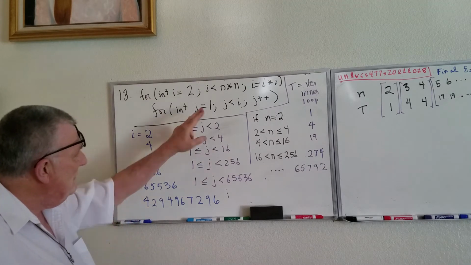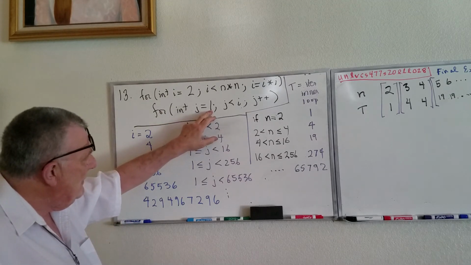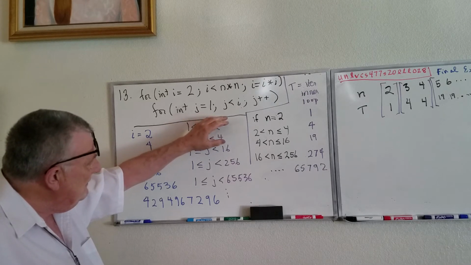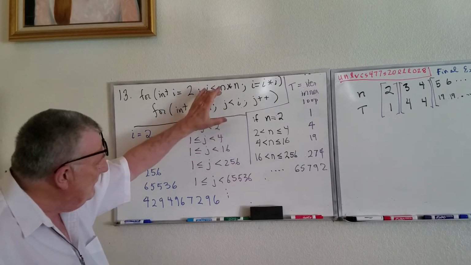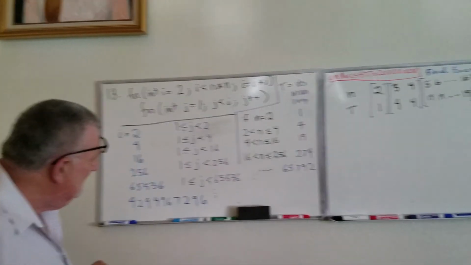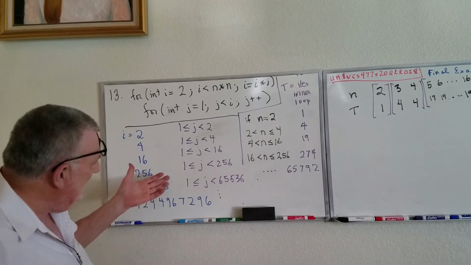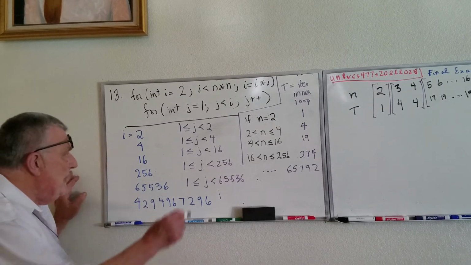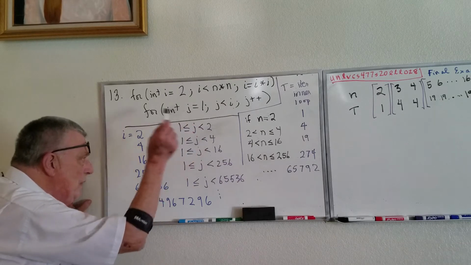So that means that the amount of time it takes on the inner loop for each iteration is equal to the value of I for that particular iteration of the outer loop. Alright, so let's look at what that means. When I is 2, then j runs from 1, well, it's only 1, that's the only value.